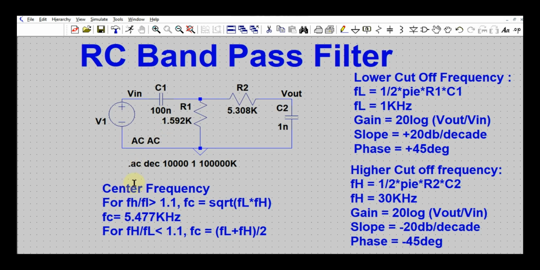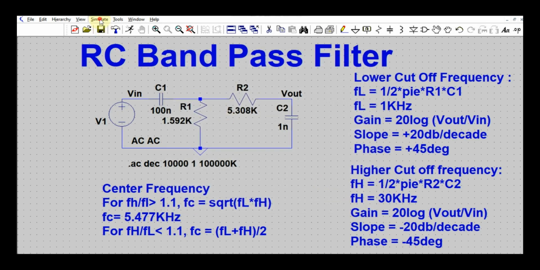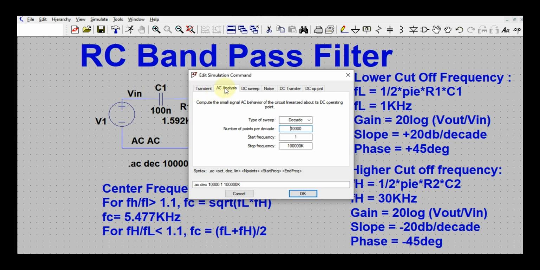So I have already told you how you will run the AC analysis. Just you have to first select the voltage source, and in the voltage source you have to write AC here. Okay, then you have to go at simulate button, edit simulation command, and I have selected here AC, that is decade sweep, and number of points per decade is 10,000.